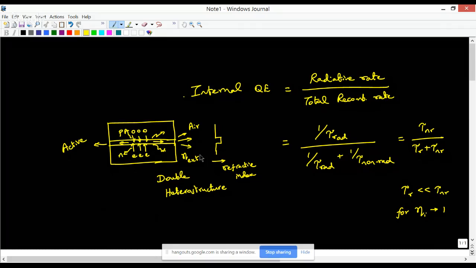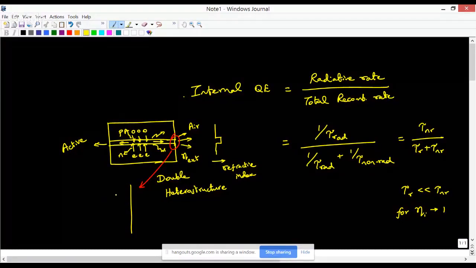Why is that? Well, that is because if you consider this interface, if you just blow up this particular point over here, you have a scenario like this where your spontaneous emission happens in all possible directions, right?